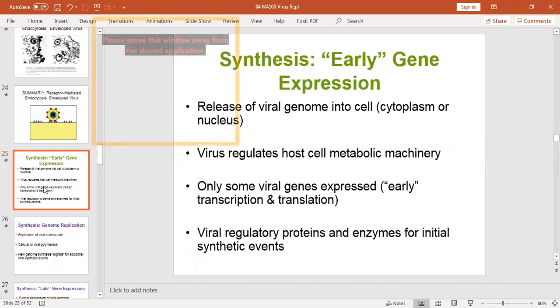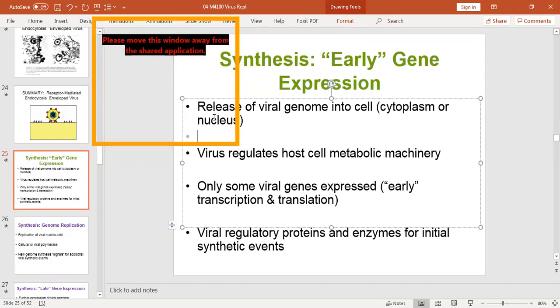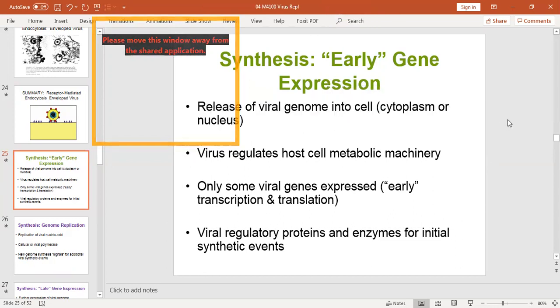Slide number 25. After the viral genome gets into the host cell, it starts synthesizing early gene expression. As I mentioned, the initial step is the release of the viral genome into either the host cell cytoplasm or host cell nucleus.